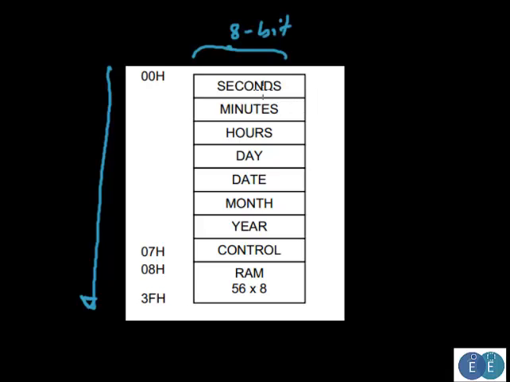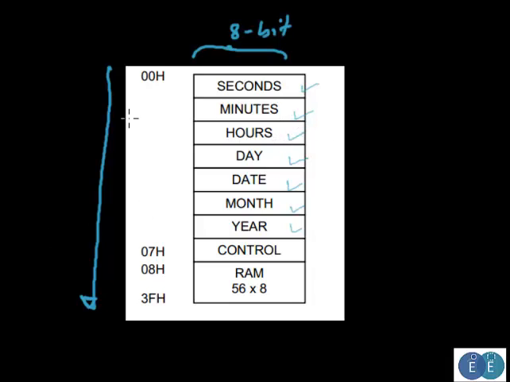What happens is, on the 0th location it stores the seconds, then on the first minutes, hours, and then the day, and it also stores date, month, year. So you can make a complete calendar out of this IC.